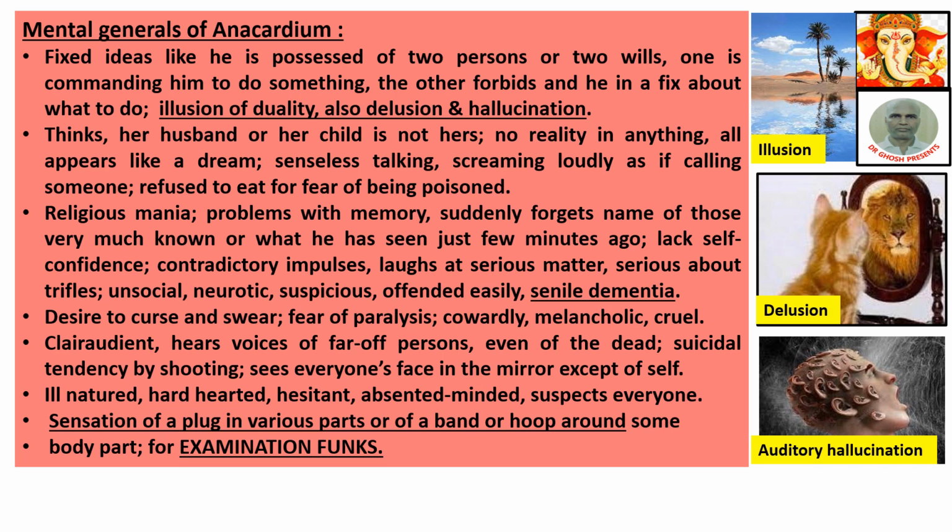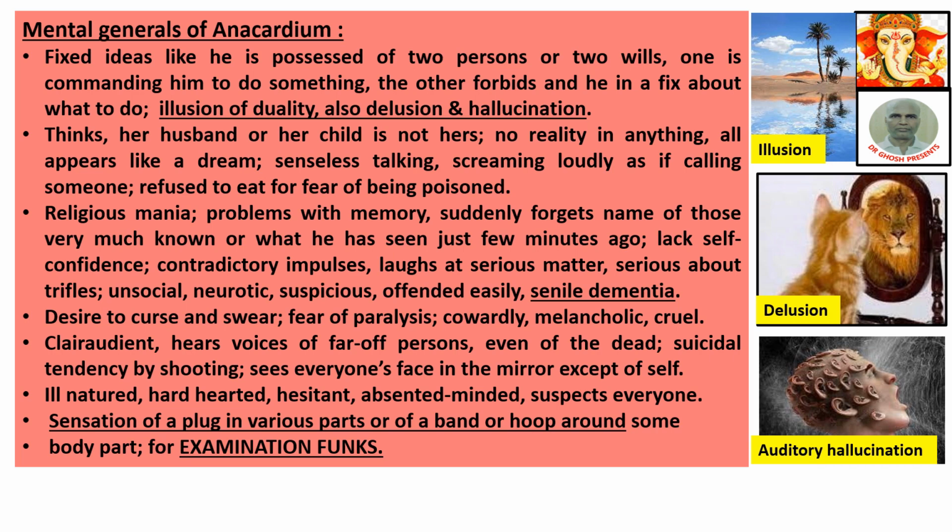Illusion is wrong interpretation of perception of sensory experience, such as when we see a mirage in a desert. Actually, there is no existence of any water, but in the case of a mirage, we see water in the desert. This is illusion.